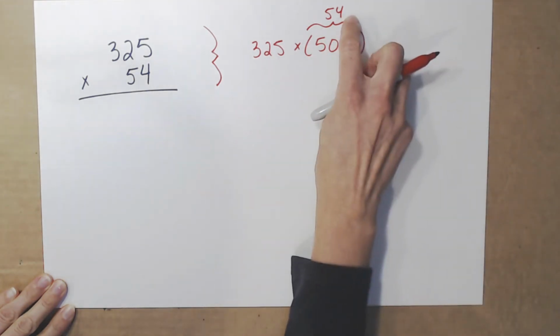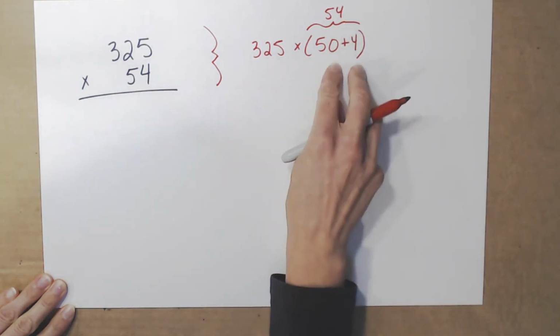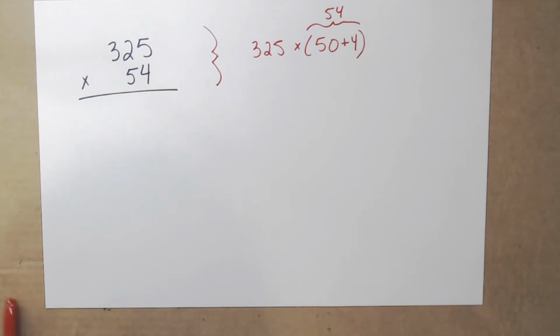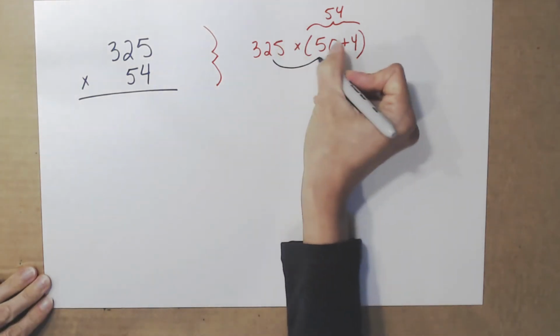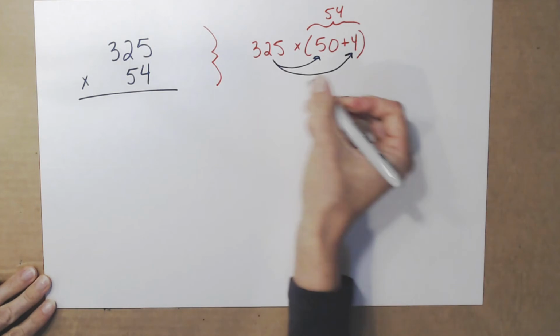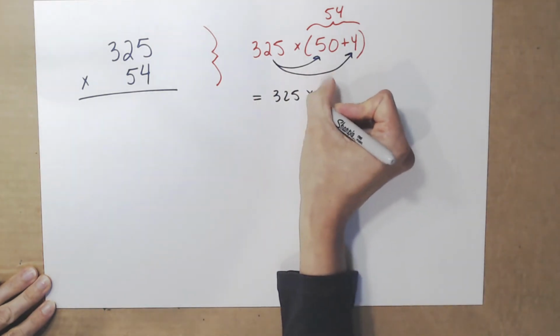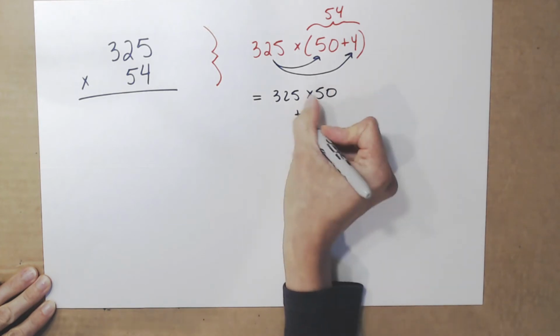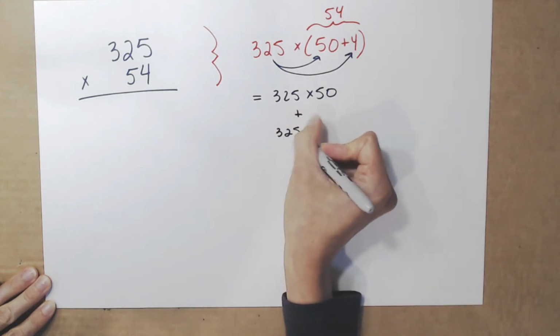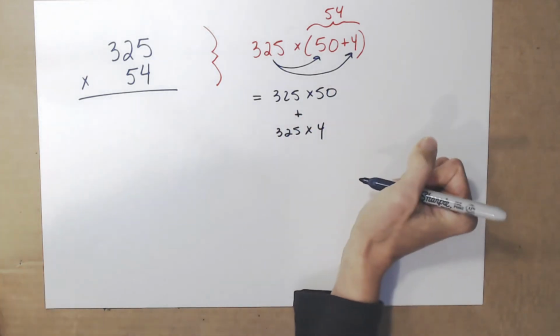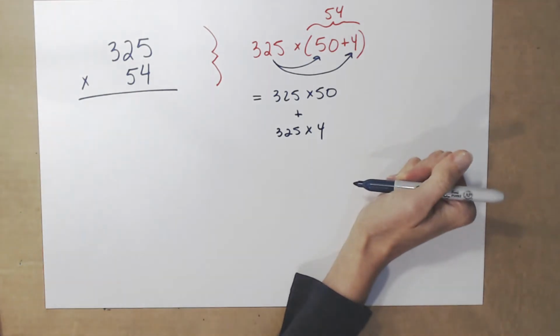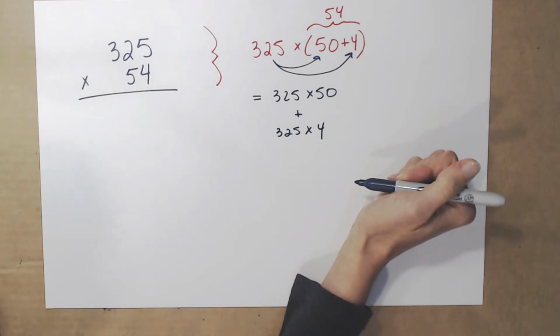That's where we use the distributive property, and we say, well, that's the same as 325 times 50 plus 325 times 4. If we add those together, it's the same as multiplying 325 times 54.